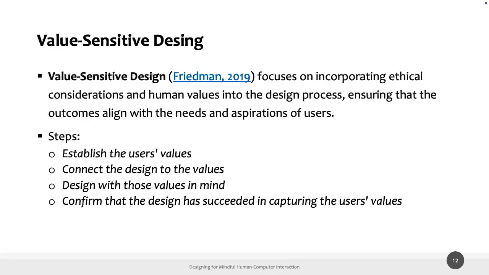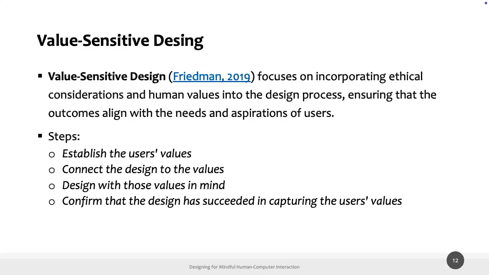And there is also the value-sensitive design. Someone mentioned it last time. This focuses on incorporating human values and ethical considerations directly within the design process. And these are the general steps to follow for value-sensitive design.